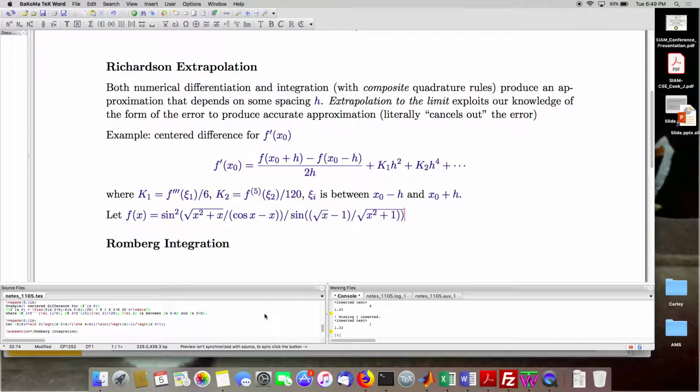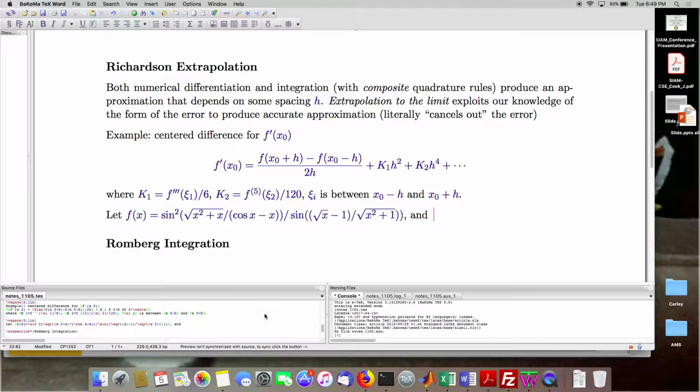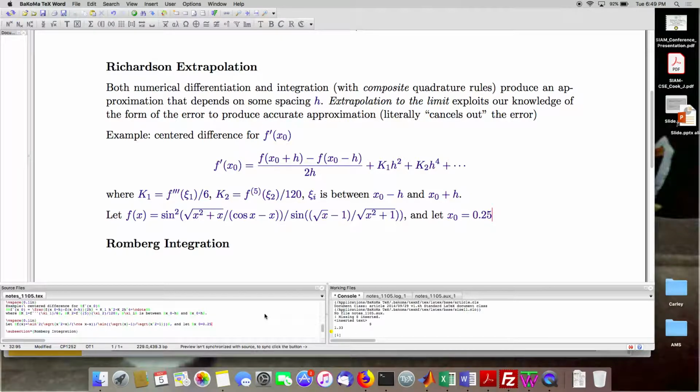This is something I made up just to be obnoxious. And I'll pick a specific point, x naught equals 0.25.